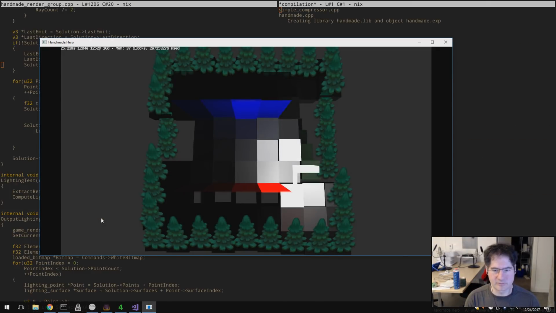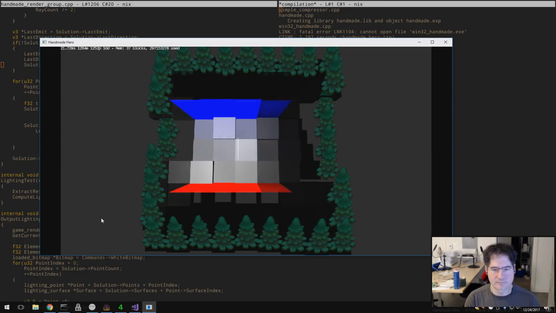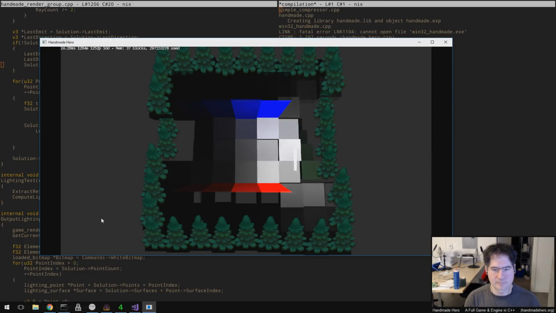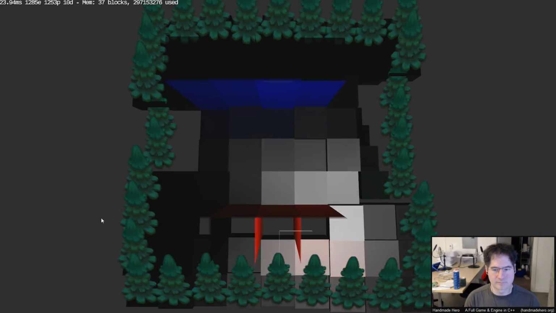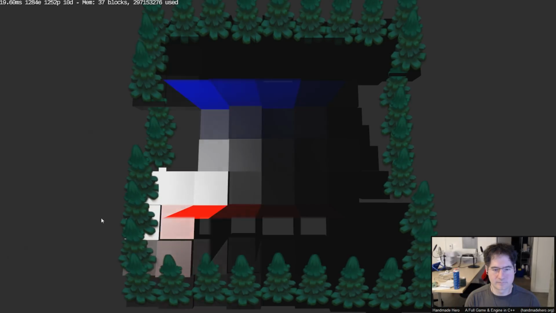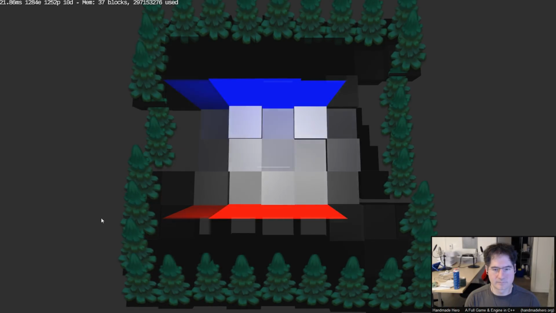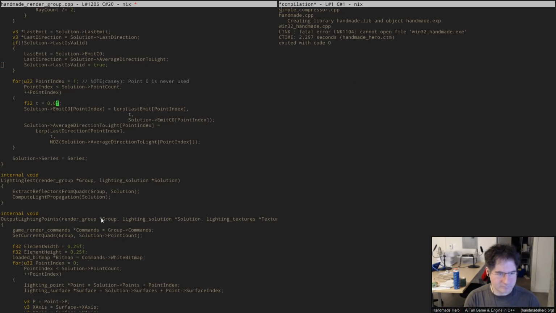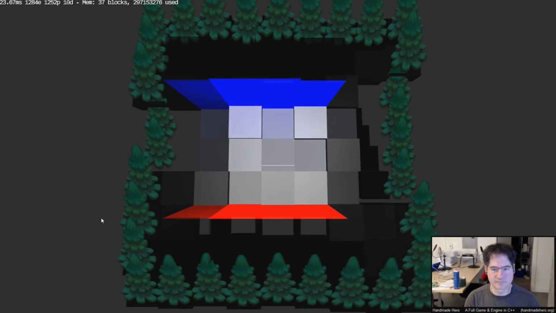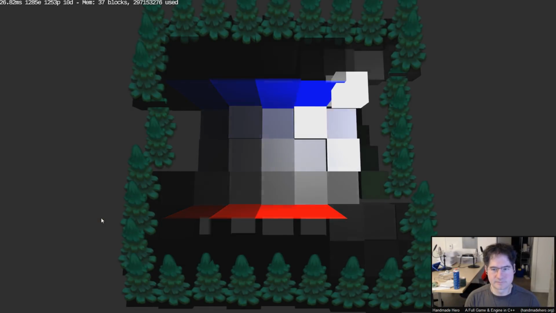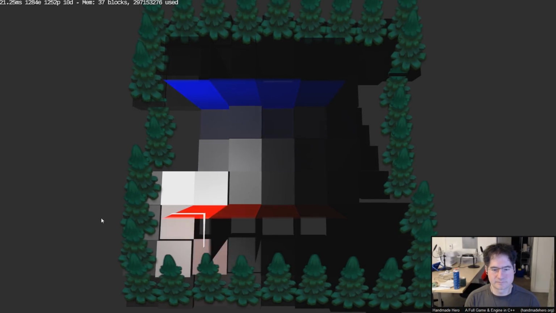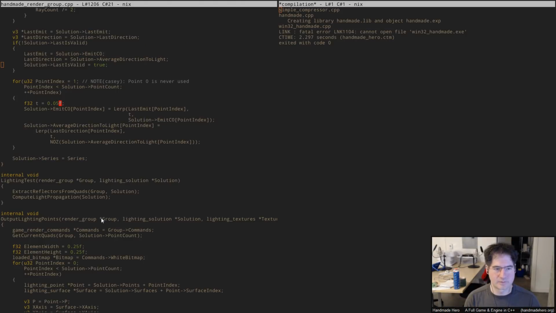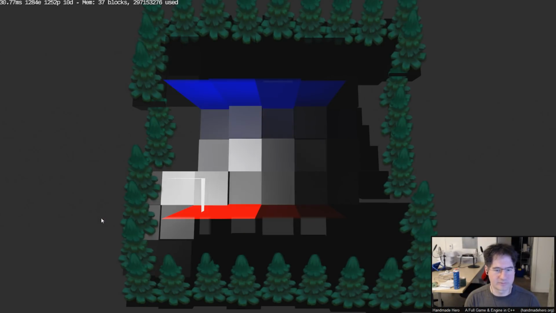Here's one that takes 10 frames. Right? Here's one that takes 20 frames. And here's one that takes 100 frames.